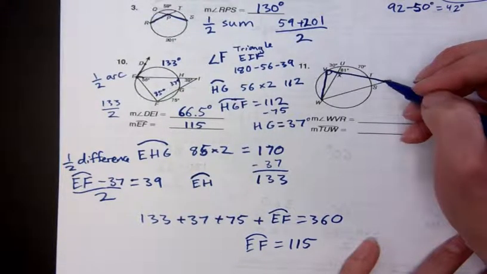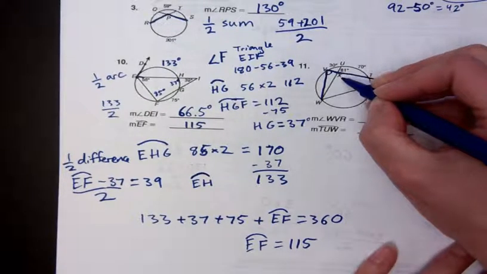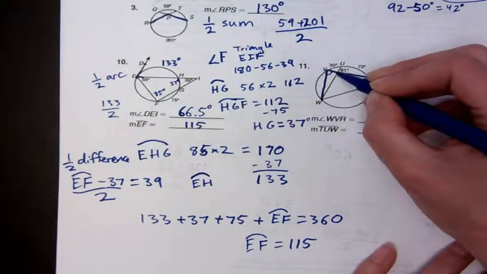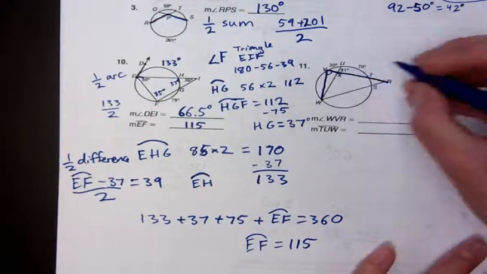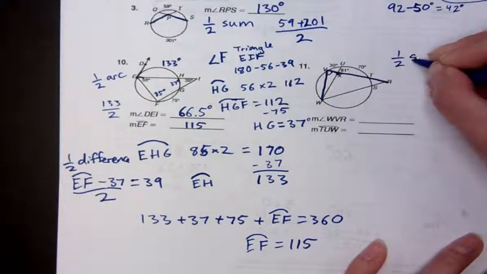It would be, except the rule is that it's half. This isn't in the center or on the angle, so my vertex is in the middle, so I'm going to have to use my half the sum formula.